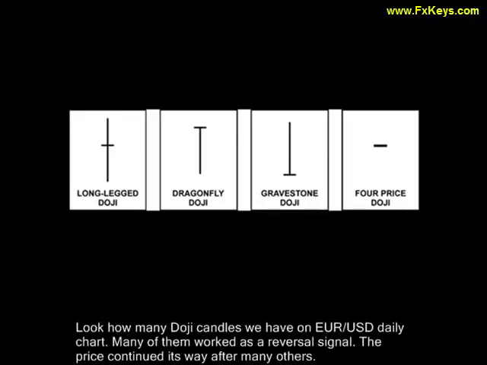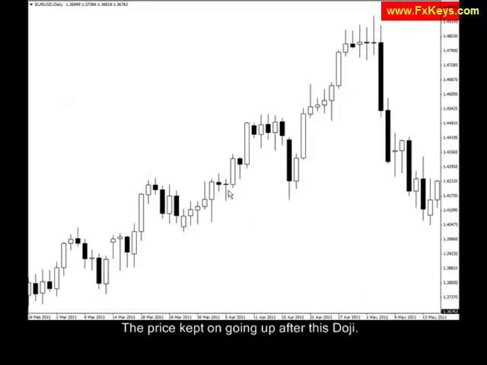Look how many doji candles we have on the Euro-USD daily chart. Many of them worked as a reversal signal. The price continued its way after many others. The price kept on going up after this doji.